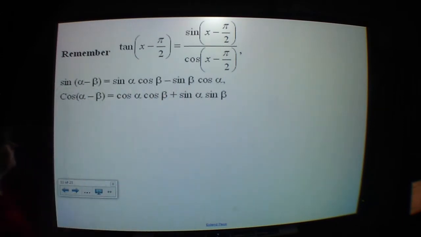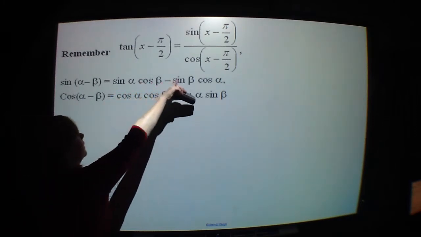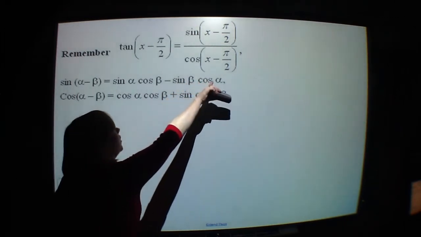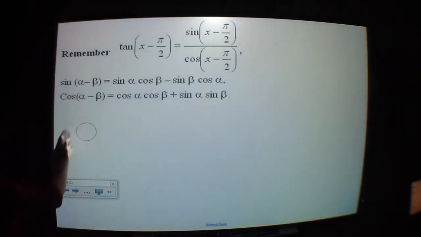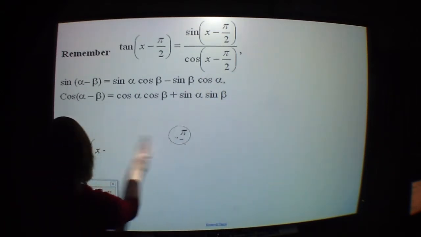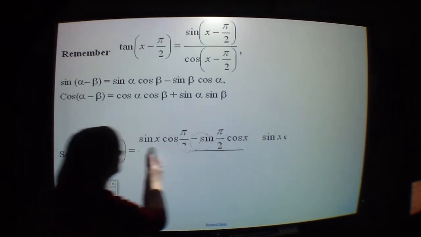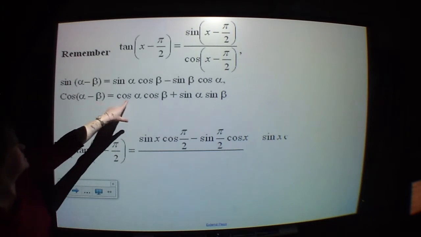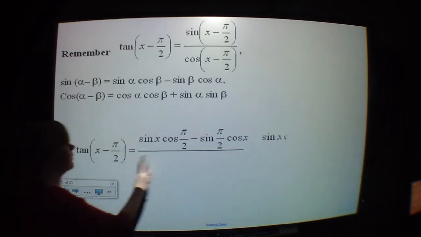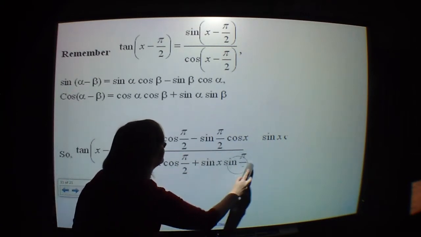Those are my base formulas. So when I do it, I have the sine of x, cosine of pi over 2, minus sine of pi over 2, cosine of x, over the cosine: cosine of x, cosine of pi over 2, plus sine of x, sine of pi over 2.